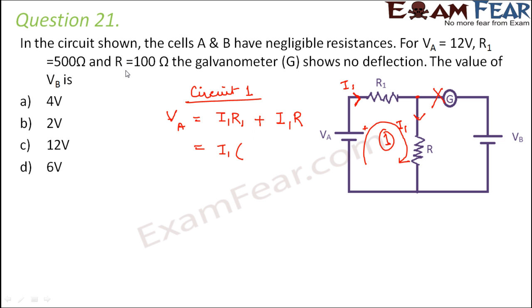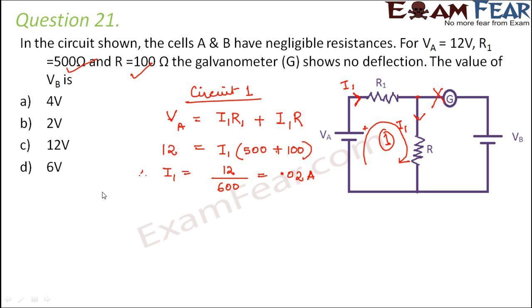In the question, the value of R1 is given as 500 ohms, and the value of R is given as 100 ohms. Right? And what is the value of VA? It is given as 12 volts. So therefore I1 is equal to 12 divided by 600, which is equal to 0.02 amperes. So this is the amount of current which is flowing through the circuit 1.